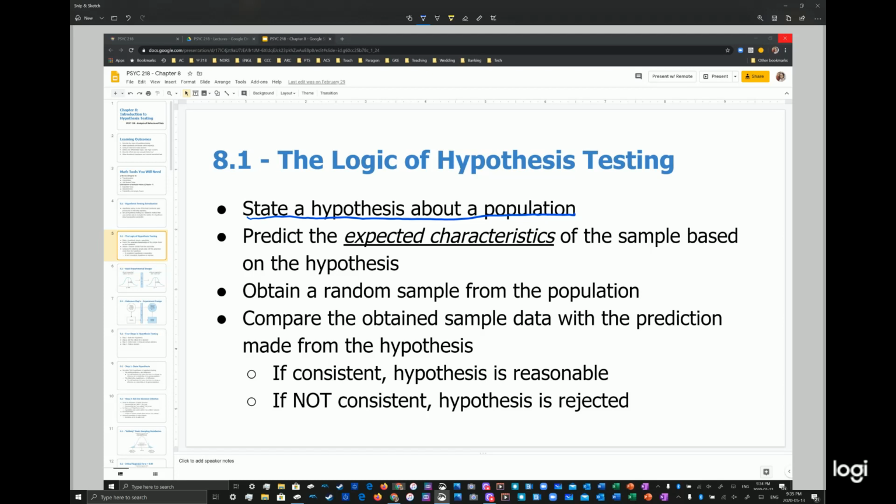So in many ways, hypothesis testing is not only practical but important because these deal with real life things. Again, it could be medical, academic, social, political, whatever. And this is the tool we use under the scientific method. We predict the expected characteristics of the sample based on the hypothesis.